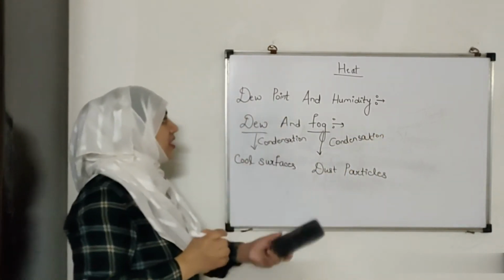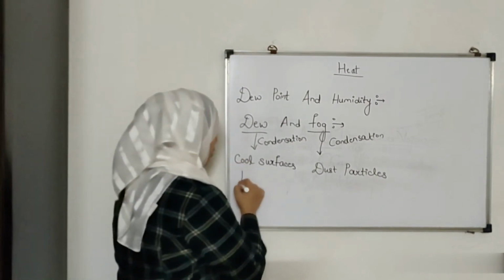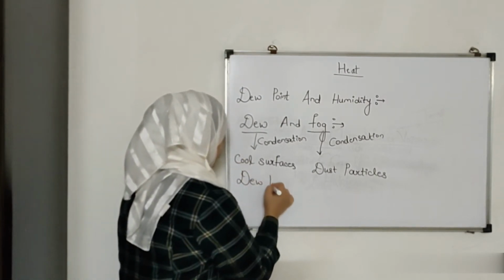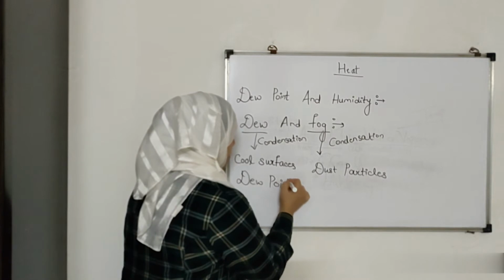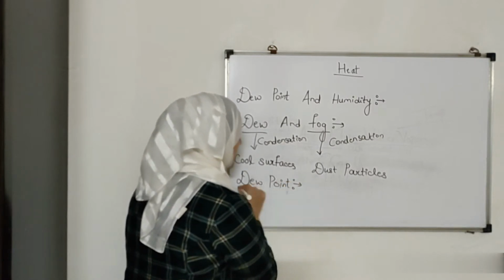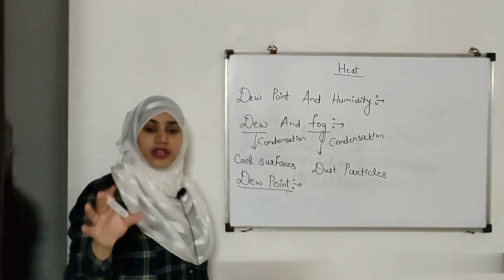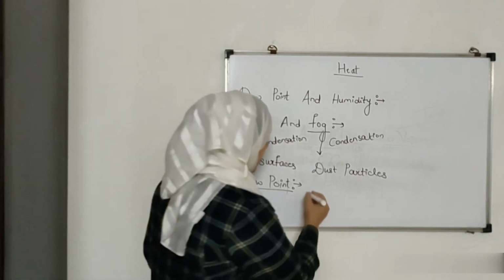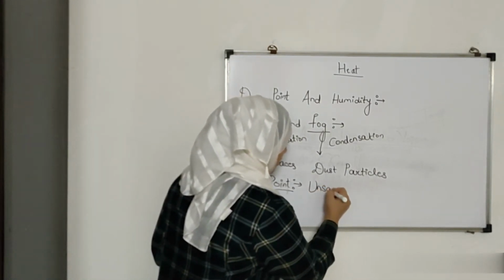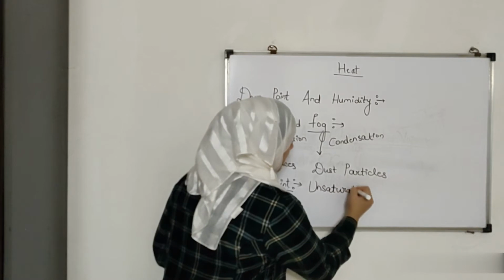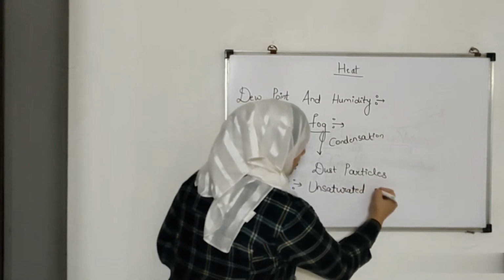Okay, see, there is this dew point. So what do I mean by the word dew point? I have an air which is unsaturated with water vapors. Unsaturated air. Okay, that means what? It can hold more water vapors.